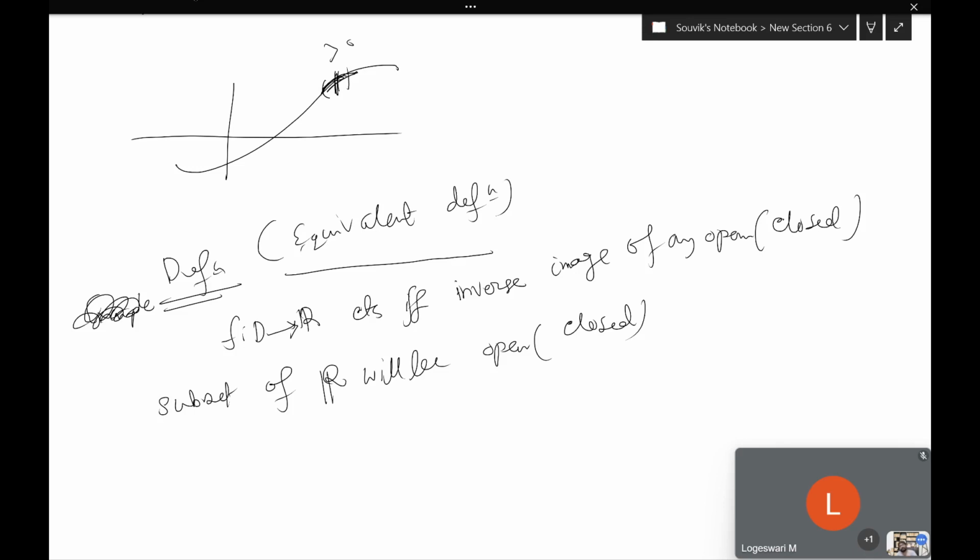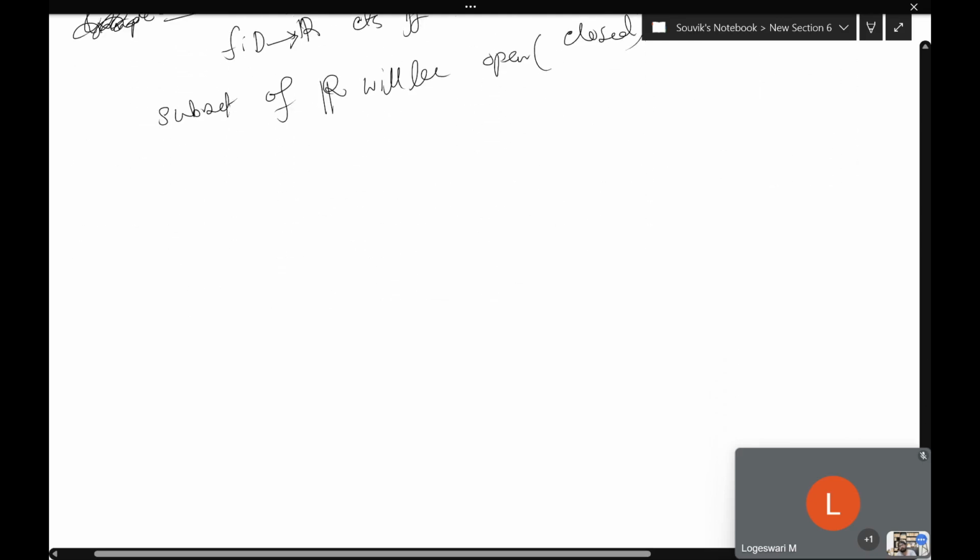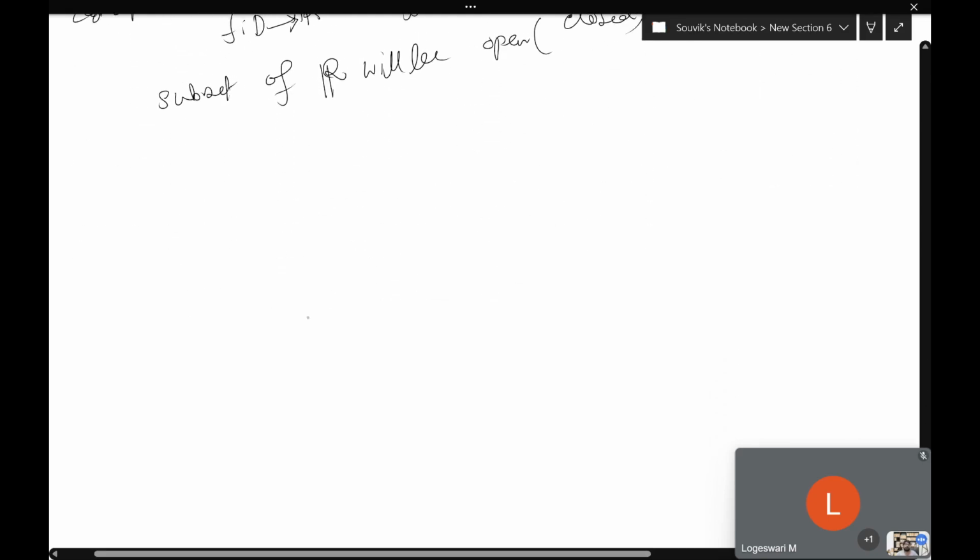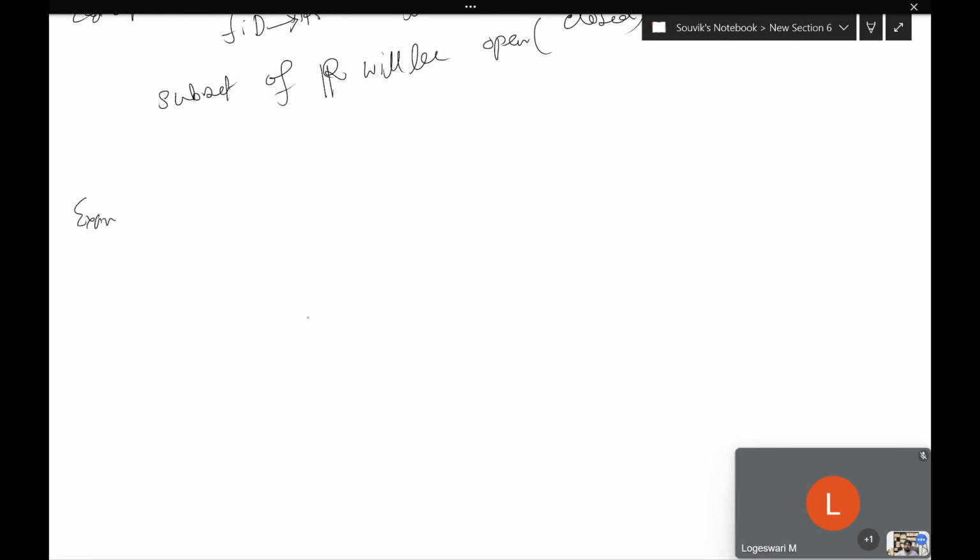Okay. So well, it's a theorem, and I believe it has been done. Anyway, so some example. Suppose f and g are continuous.